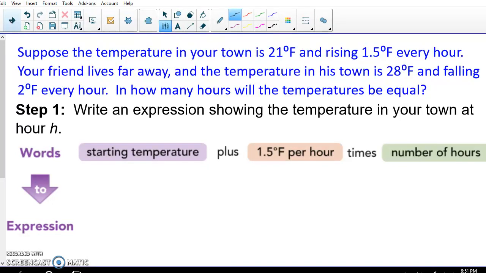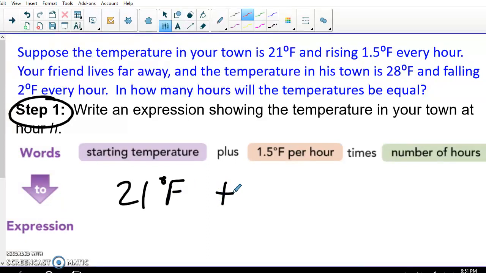In how many hours will the temperatures be equal? So our first step is to write an expression showing the temperature in your town. So let's take these words and turn them into expressions. So the starting temperature in our town is 21 degrees Fahrenheit.